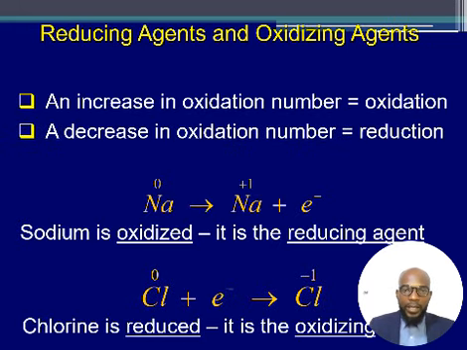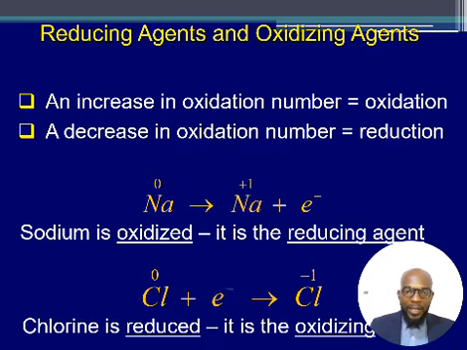Let's look at reducing agent and oxidizing agent. Whenever there is an increase in oxidation number, we say that oxidation has taken place, while whenever there is a decrease in oxidation number, we say that reduction has taken place. If we look at the first half equation, sodium moved from the oxidation state of 0 to +1, which is an increase in oxidation state.